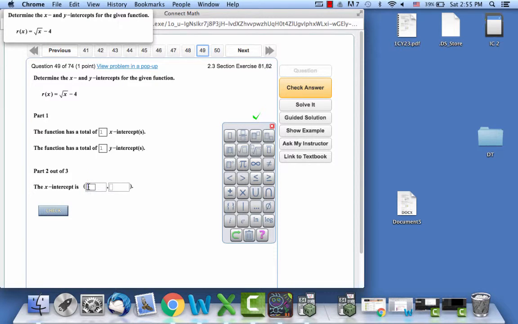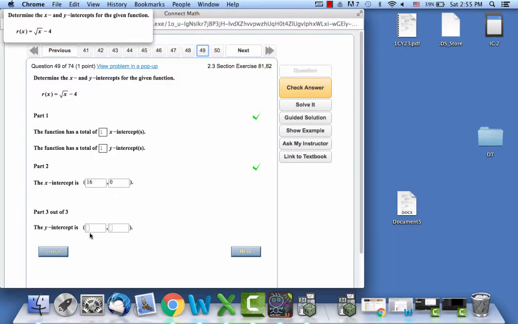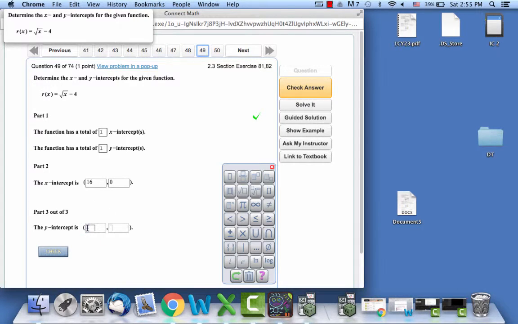So the x-intercept is 16, 0. And the y-intercept is 0, negative 4.